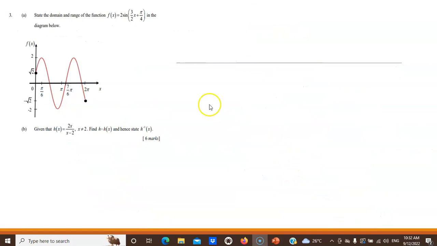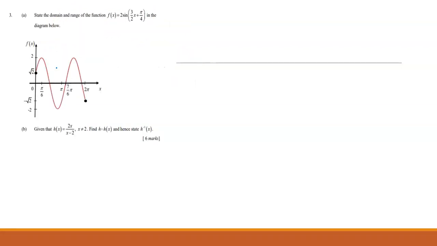Okay, now next question here. State the domain and range of this function in the diagram below. You can see here it begins from the value of x equal to 0 until x equal to 2 pi. So automatically the domain of this function is from 0 until 2 pi.